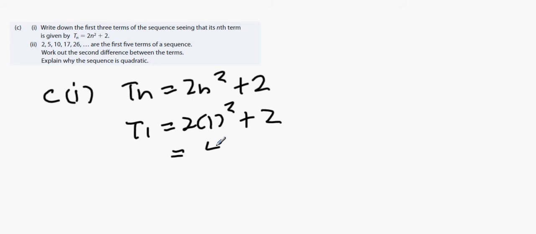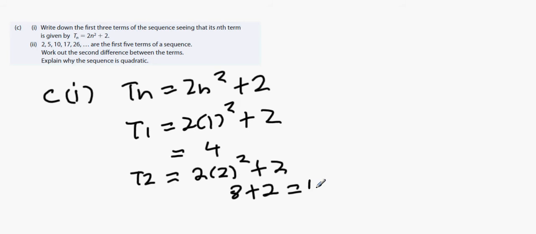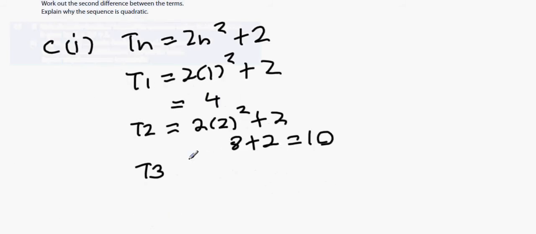T2 is going to be 2 times 2 squared plus 2, which is 8 plus 2 equals 10. T3 is going to be 2 times 3 squared plus 2, which equals 20.